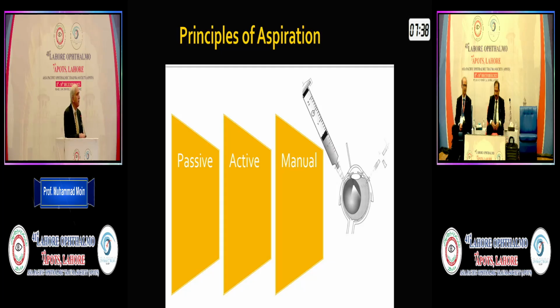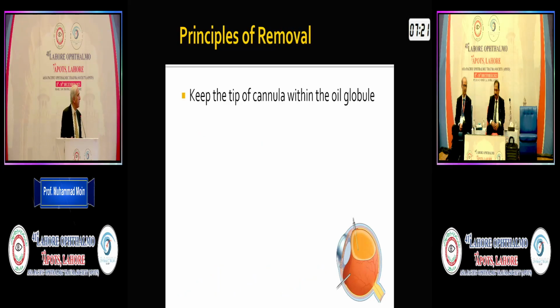The active aspiration can be with a machine, or it can be manual. Passive aspiration means that you are injecting fluid and the oil comes out just because of the pressure going in from the inflow.